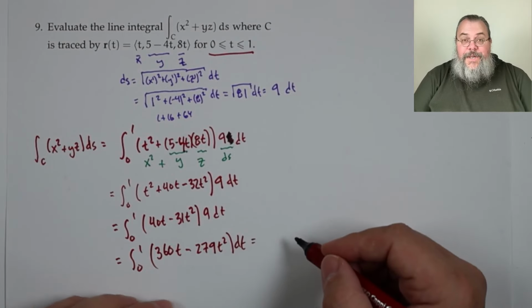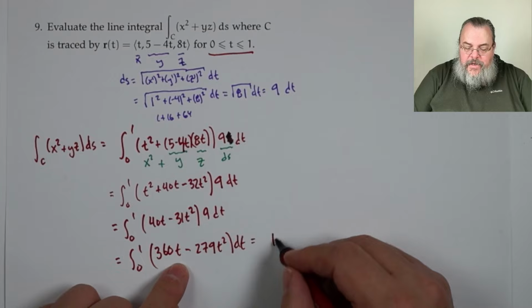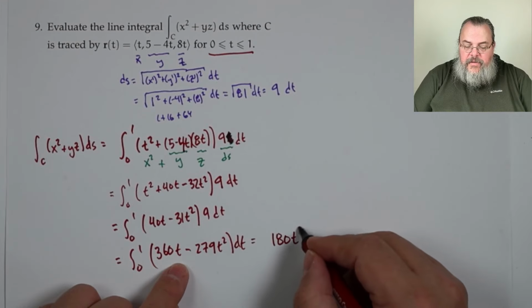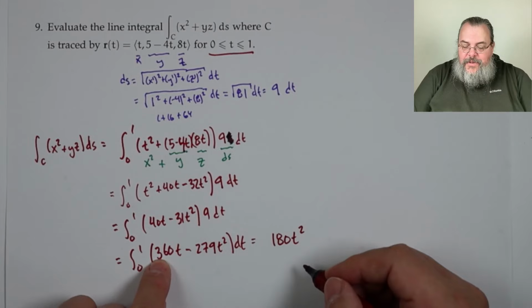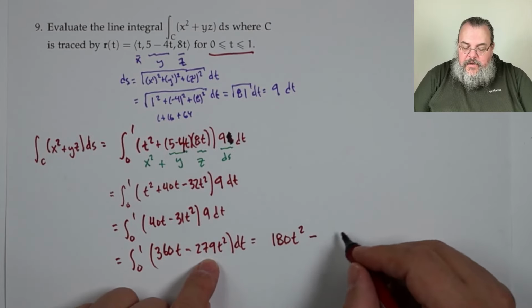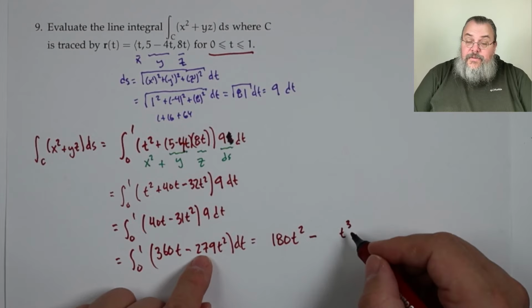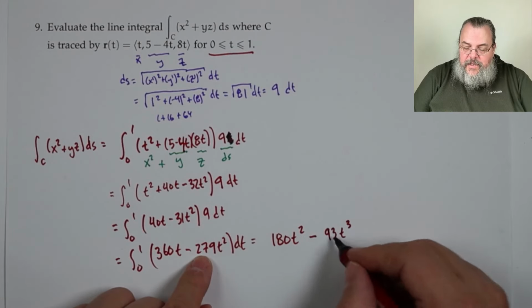Well, now we integrate. The integral of 360t is 180t squared, because you add 1 and divide by 2; 360 divided by 2 is 180. And here it's going to be a t cubed; 279 divided by 3 is 93.